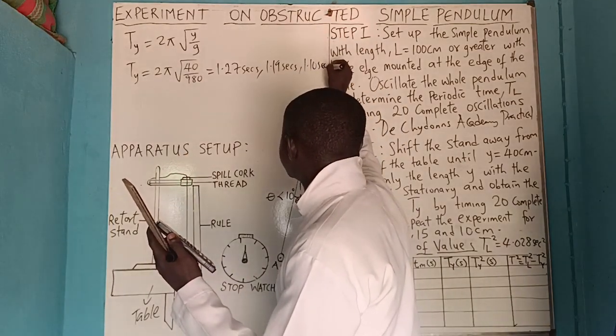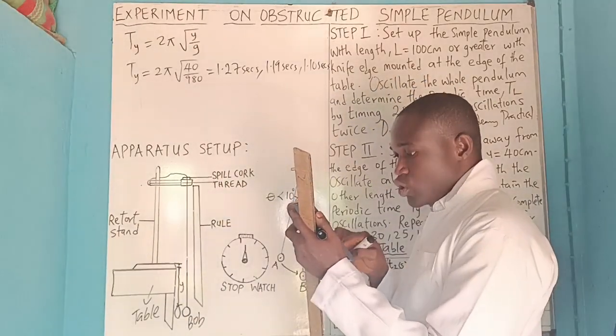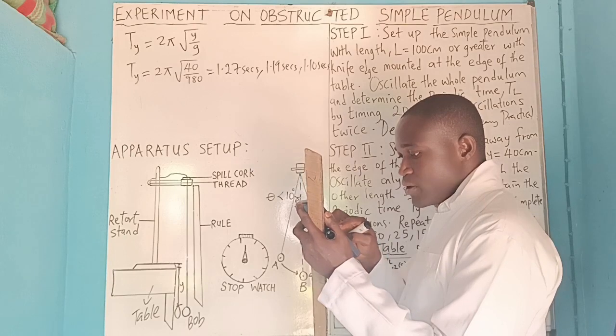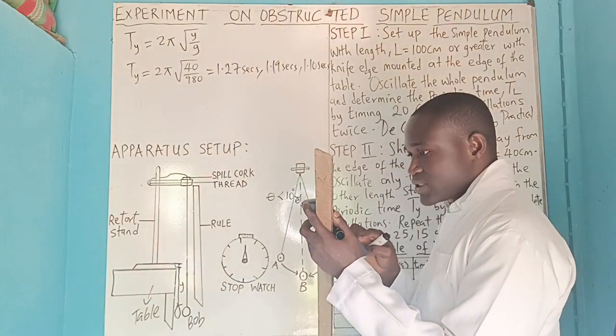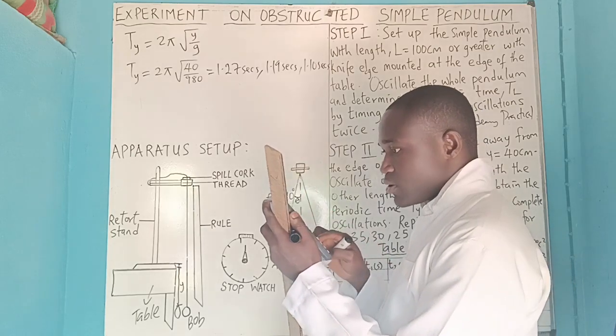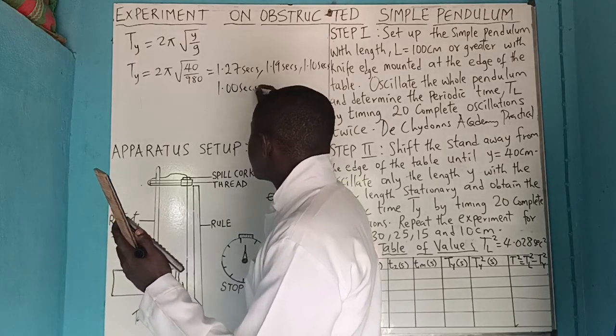1.10 seconds. Then you do the one of 25. 2 shift pi root bracket 25 divided by 980. You'll be having 1.00 seconds.